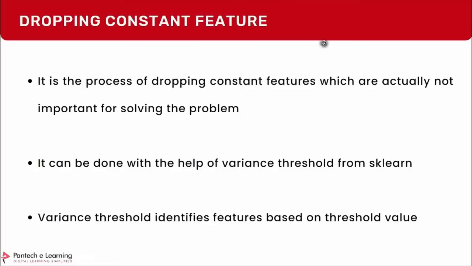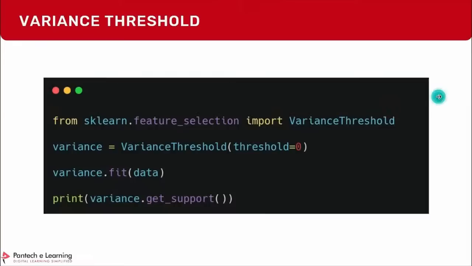So dropping constant features which are not important for solving the problem can be done with the help of variance threshold from Sklearn. The variance threshold identifies features based on a threshold value, so that based on that the features will be selected.